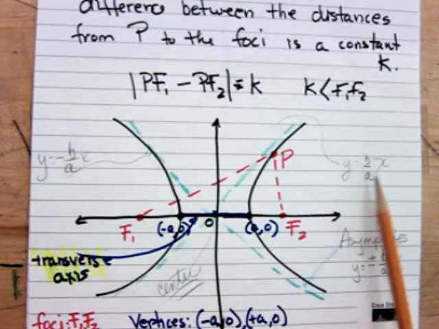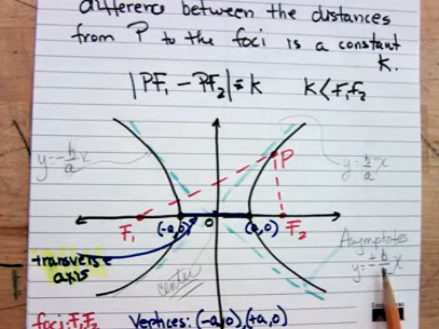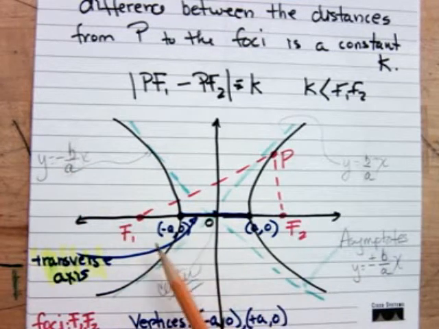And here are the slopes. We have y equals b over a x, and then we have negative y equals negative b over a x. And we'll talk about where a is. Well, a is here. We'll talk about b in a minute.